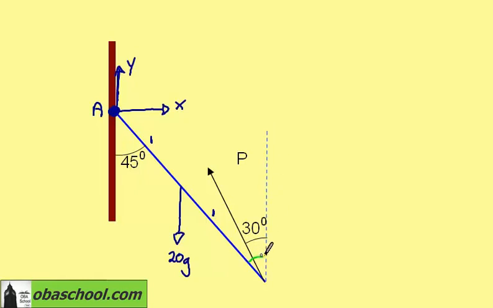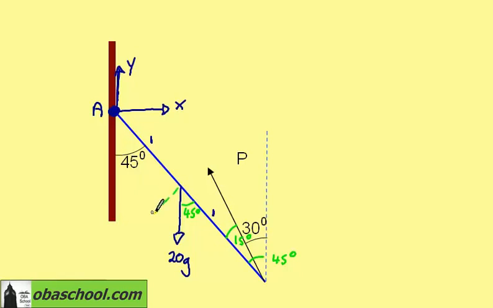Let's consider P. We know that this angle is 45 degrees. We can see that because we have alternate angles. This part of the angle must therefore be 15 degrees. This angle is 45 degrees, and we can see that because we have corresponding angles.